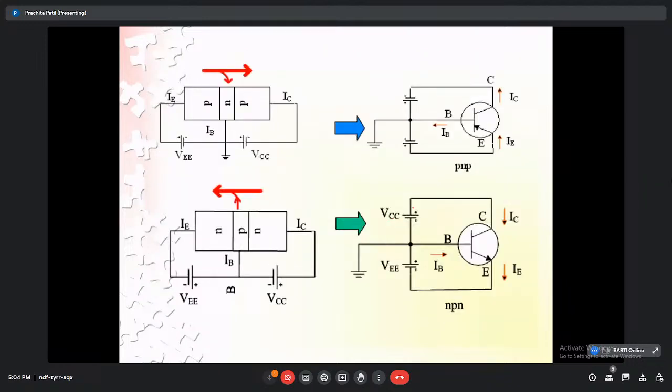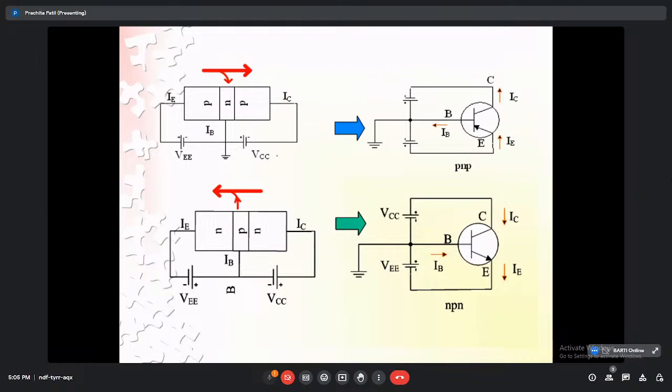Let us see now. If we make the base common here, then we give current through the emitter, and we collect at the collector, noting how the potential is there and what the direction of the current would be.